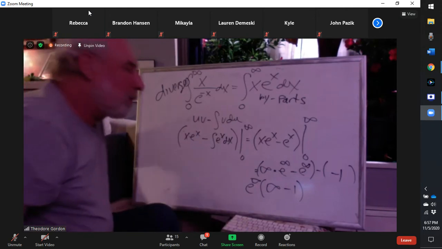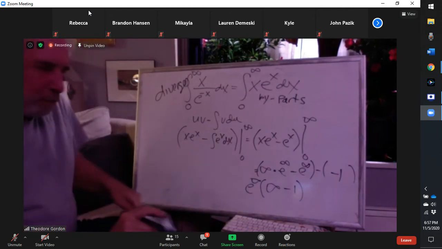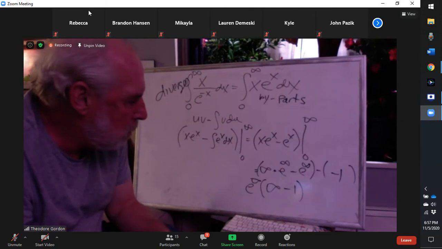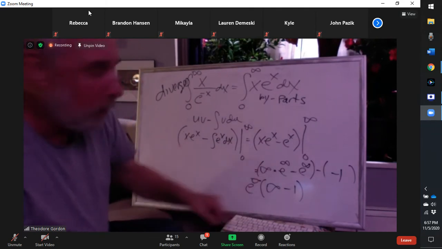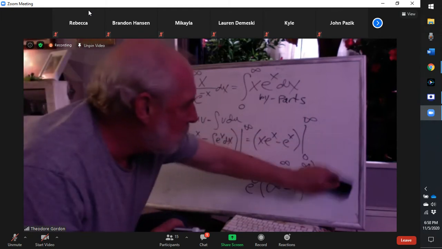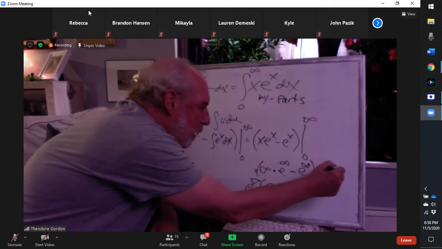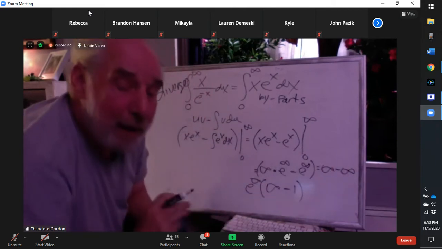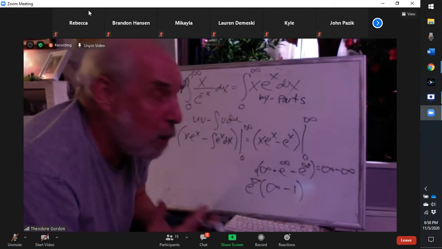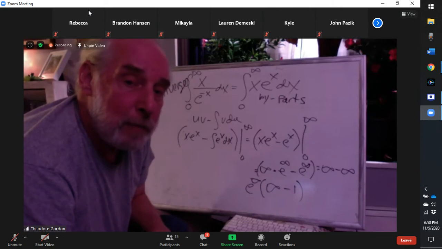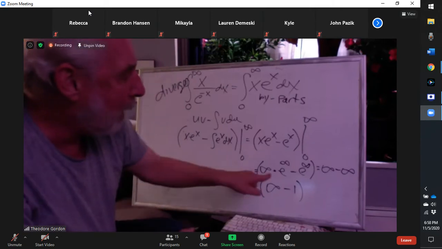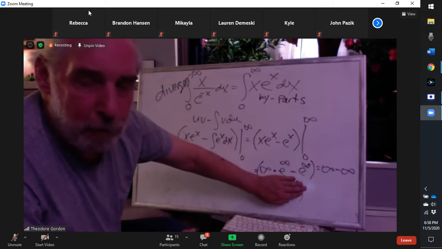So pretty much what it comes down to is this: it really depends on which order you do it in. If you just look at this one, you're right. You get infinity minus infinity. That's indeterminate because we don't know what that can equal, right? So you can't make any conclusion if you leave it in that form.